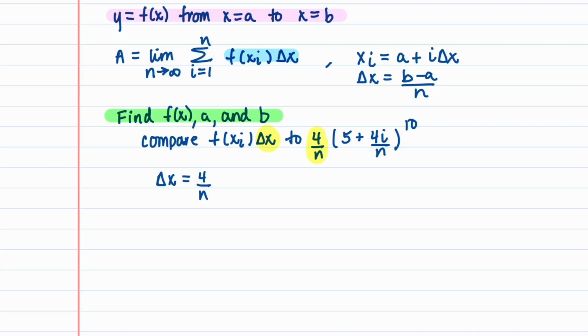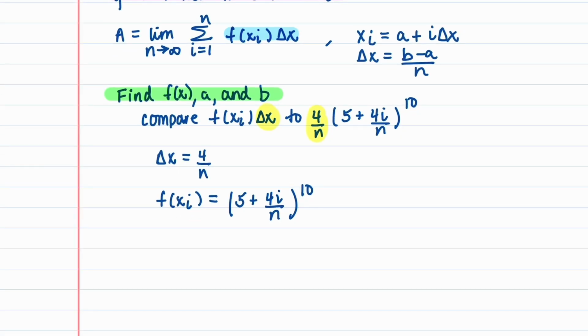And then we can say that f of x sub i is what's left, and that is 5 plus 4i over n raised to the 10th power. We're now going to simplify f of x sub i by noticing that 4 over n is our delta x. So we're going to substitute that in.